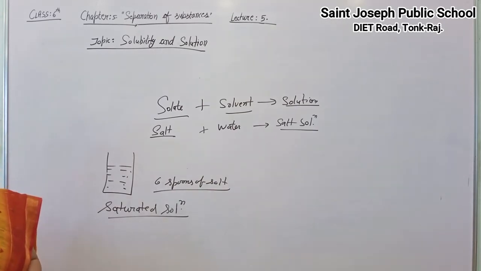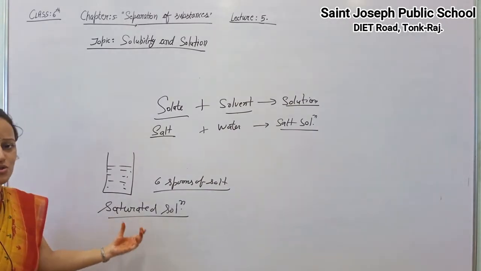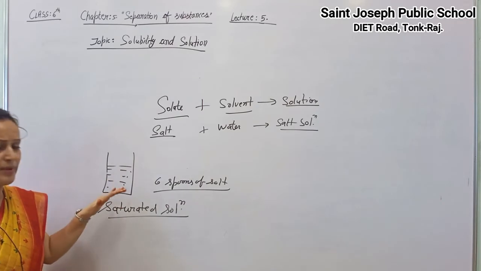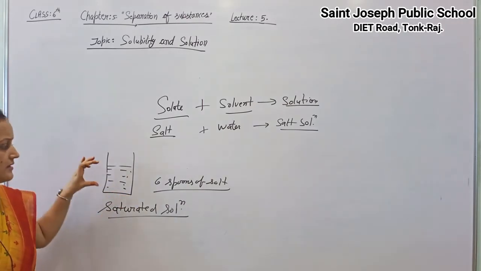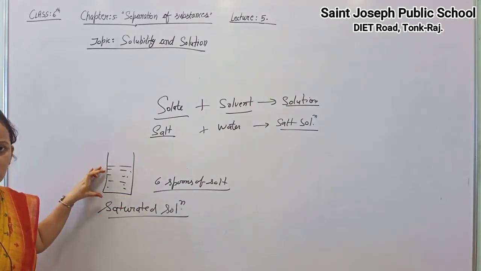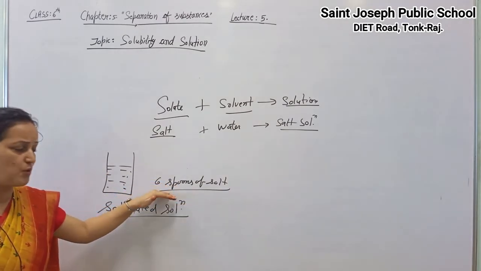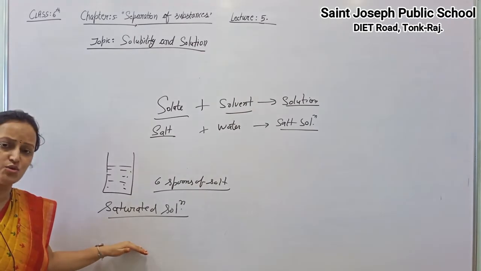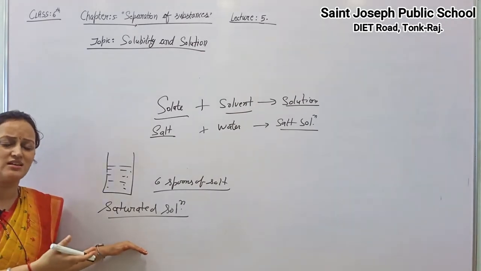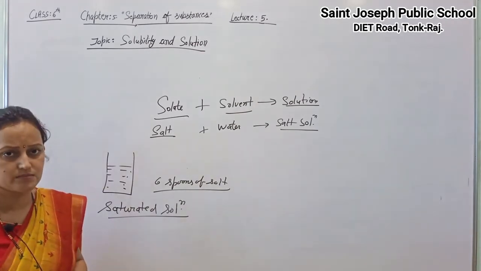That condition of solution is called as saturated solution, right. और यहाँ पे इस example में हम assume कर रहे हैं that this amount of water could dissolve only 6 spoons of salt. So 6 spoons of salt मिलते ही क्या बन गया? Saturated. And जैसे हम 7 spoons इसके अंदर add करेंगे, that is not going to dissolve.